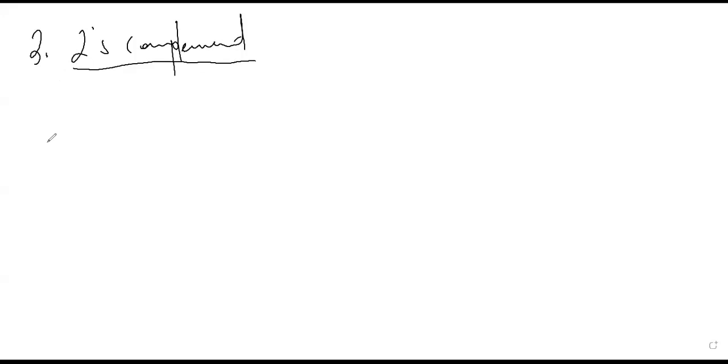So for the twos complement representation, this is done by complementing, which is inverting all the bits, then adding a 1.